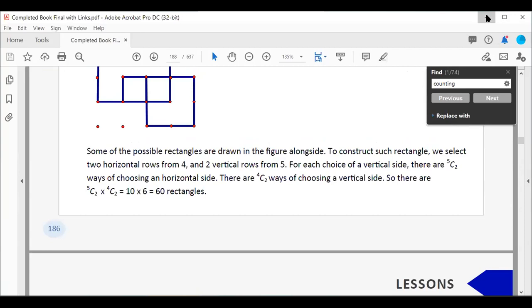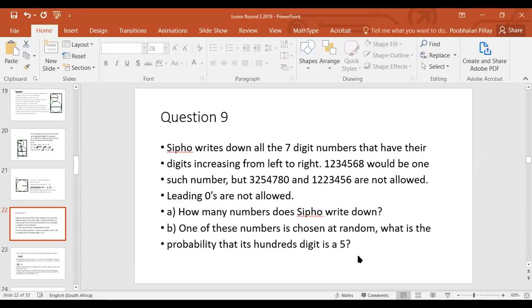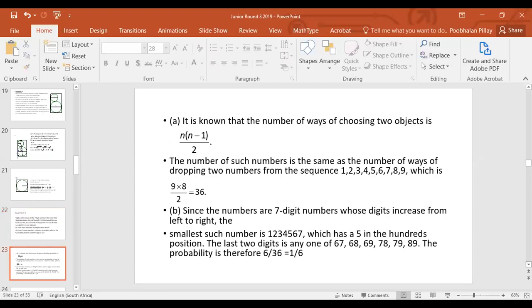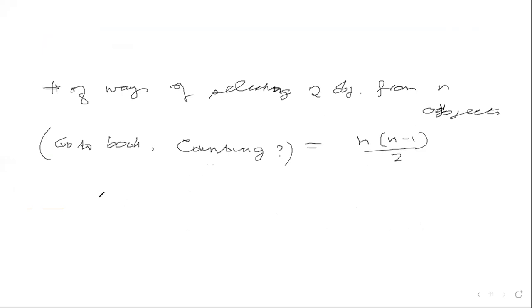Let's get back to the problem we're looking at. You've got 36 numbers, in increasing order, with digits from 1 to 7.